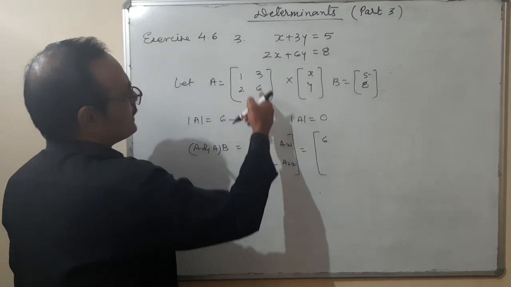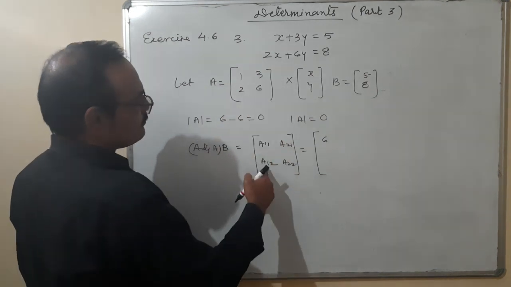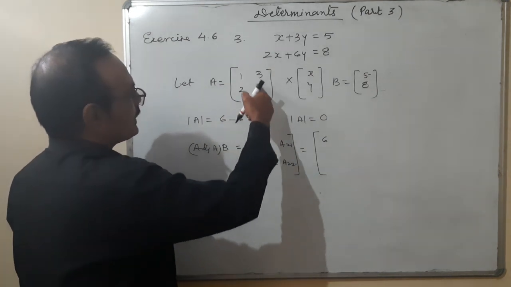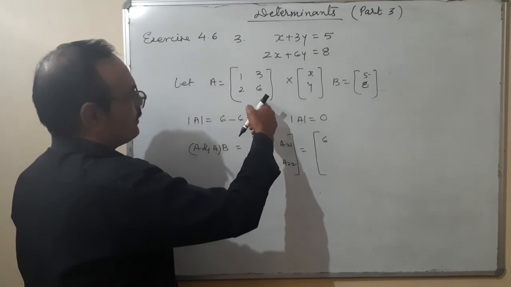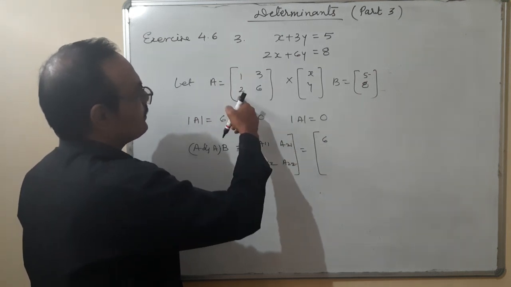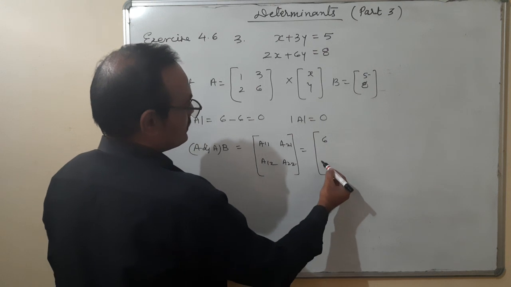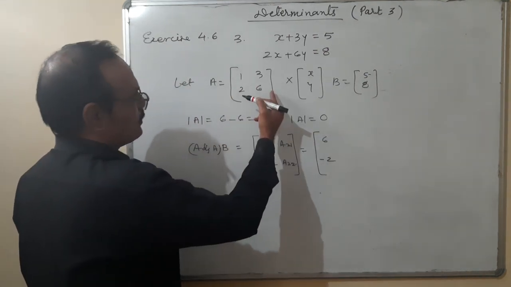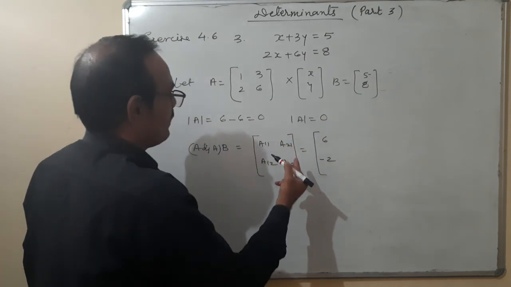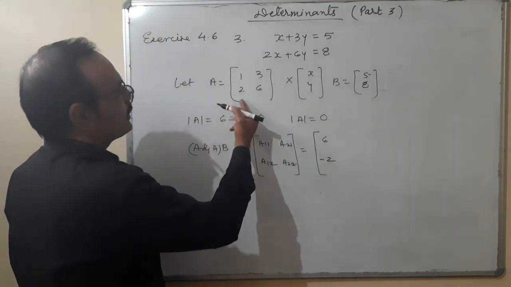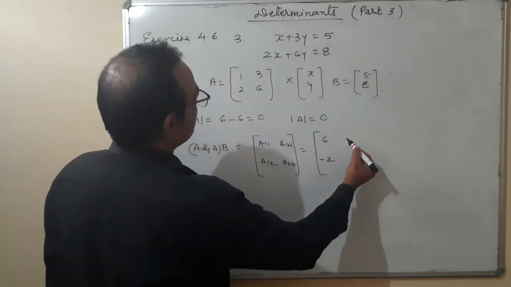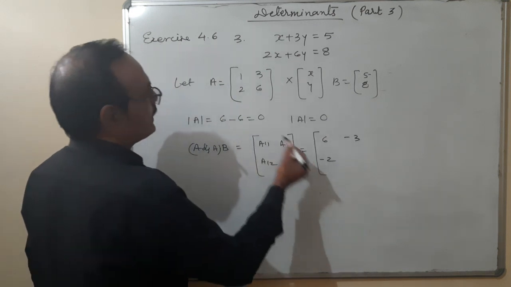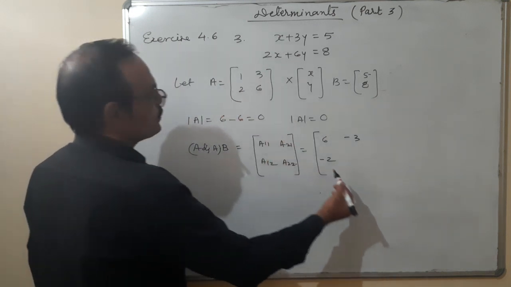For 1 2, first row, second column, it is coming minus 2. For 2 1, second row, first column, minus 3. And second row, second column, it is 1.